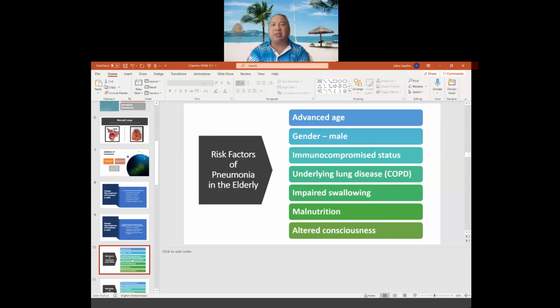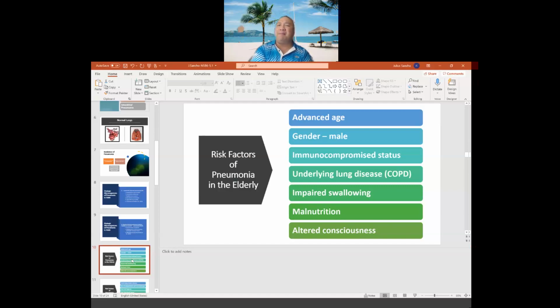Also, those residents who have underlying diseases, like lung diseases, for example COPD, asthma, or cancer of the lungs, could be prone to pneumonia.